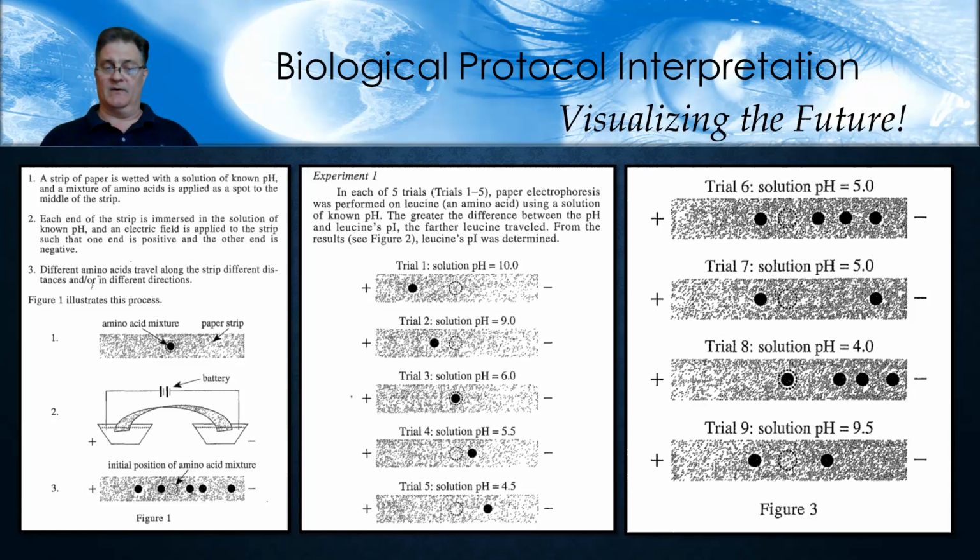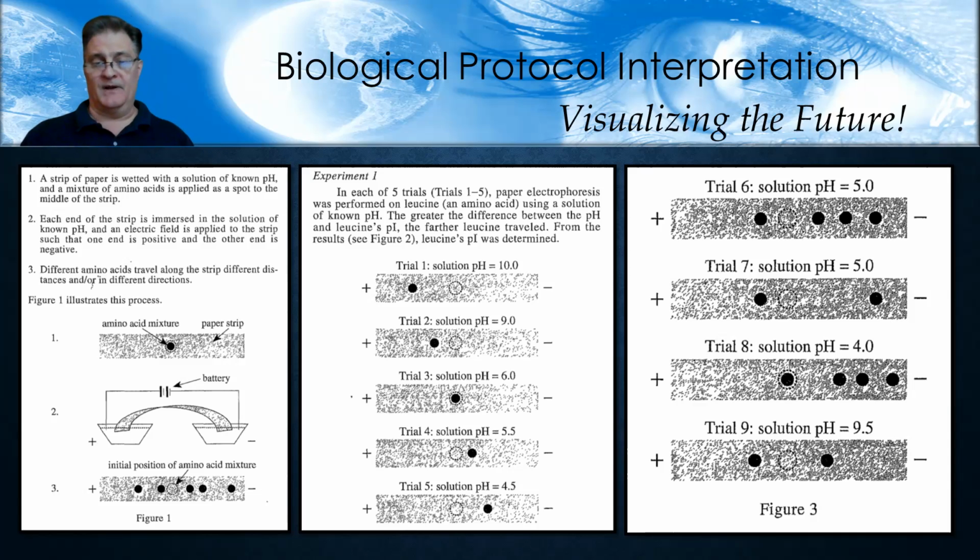And the charge on the amino acid is a little bit more positive because it's moving closer to the negative terminal of the battery. Okay. The most important point here is realizing the effects that the pH has on the amino acid.